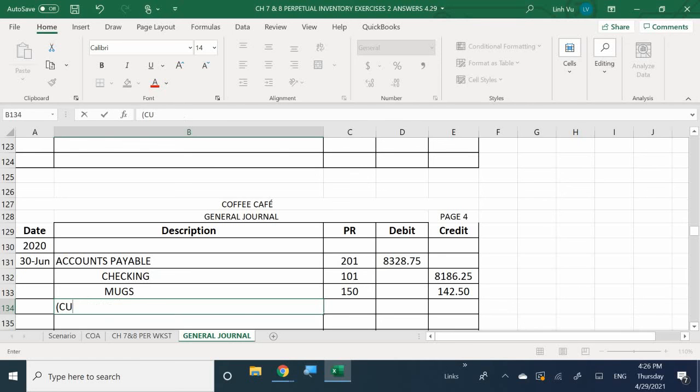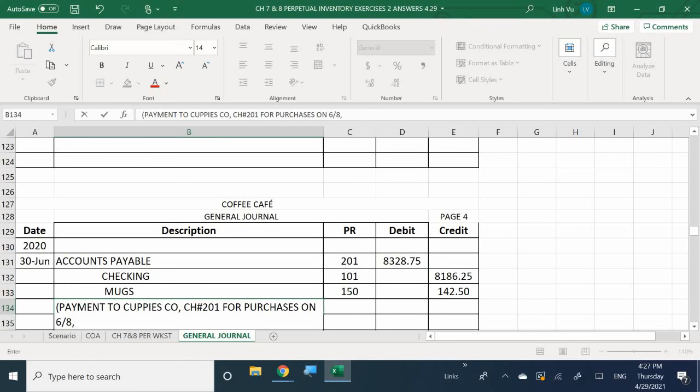Oh no, sorry. Let's change that. This is payment to Cuppies Co, check number 201. And this is where you could say I made purchases for June 8. I'm going to write purchases on June 8.